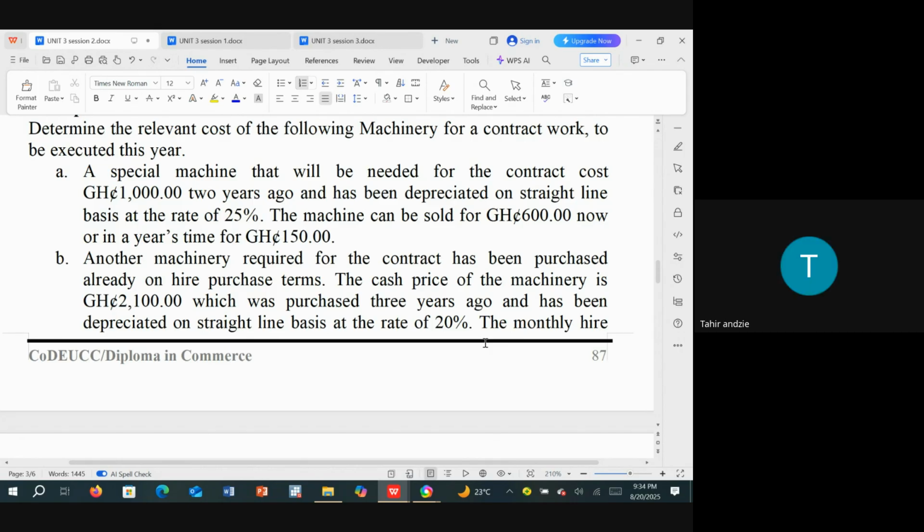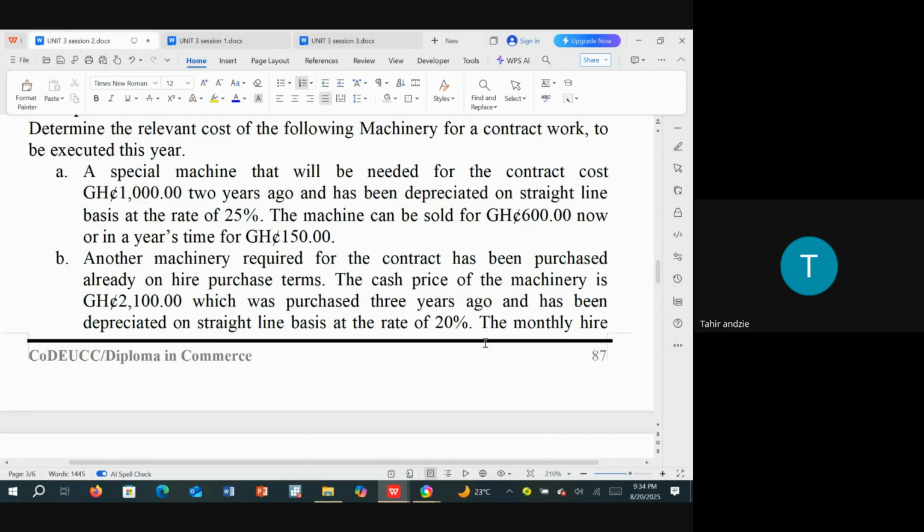Okay, so it means that the purchase price or the cost of the machine, which is 1,000 cedis that was bought 2 years ago, can never be relevant, because it's a historical cost. Depreciation of this 1,000 that is spread over 4 years is also irrelevant. But when the machine is used for this contract, the machine now can be sold for 600.